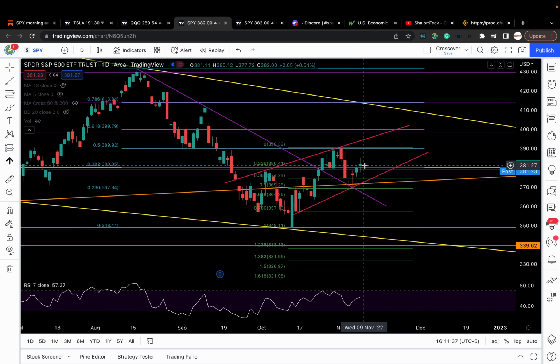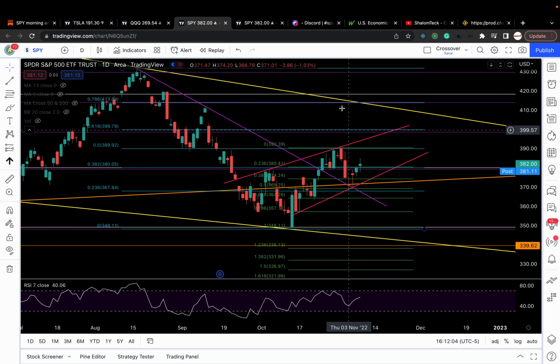But the bulls must show follow through tomorrow, because one close above resistance is just not enough. There's always the false breakout scenario, always the rug pull, especially in a bear market. Always got to worry about that rug pull. So very simple: below 380, switch back to bearish. That's a false breakout setup.